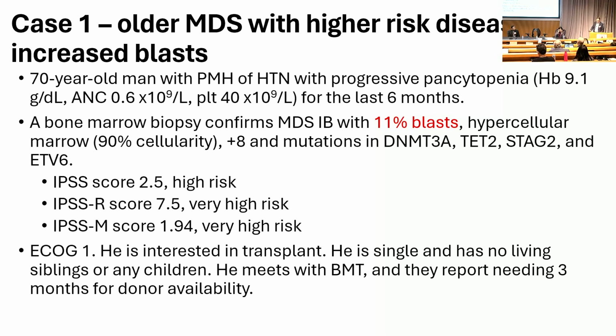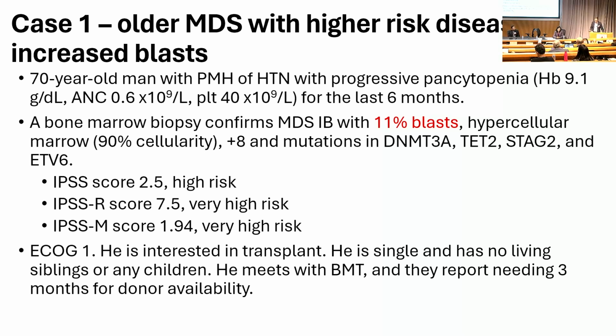So our first case, it's an older patient, has MDS, 70-year-old, has hypertension, and has had progressive pancytopenia. Hemoglobin's 9, ANC's 0.6, platelets are down to 40 over the last 6 months approximately. Eventually makes it to your clinic. A bone marrow biopsy is performed. He has MDS with increased blasts. He has 11% blasts, the MDS/AML entity. It's hypercellular, 90% cellular marrow, trisomy 8, and he has mutations in DNMT3A, TET2, STAG2, and ETV6.